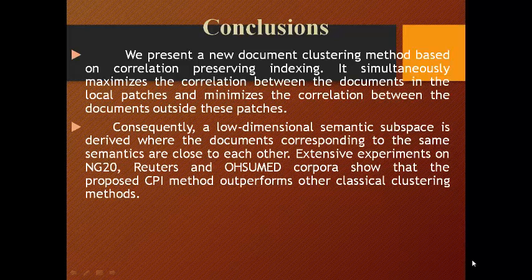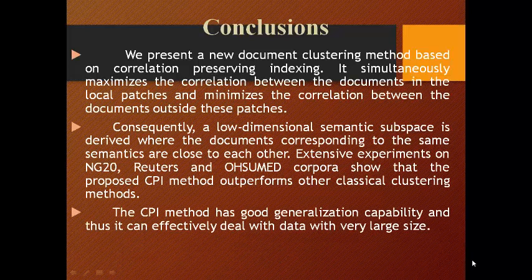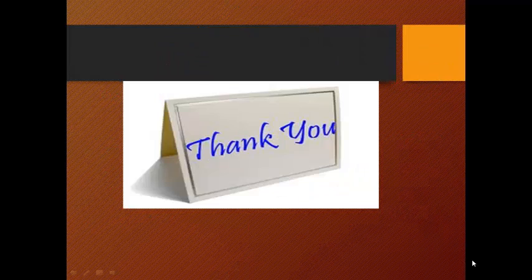Consequently, a low-dimensional semantic subspace is derived where the documents corresponding to the same semantics are close to each other. Extensive experiments on NG20 Reuters and OHSUMED corpora showed that the proposed CPI method outperforms other classical clustering methods. The CPI method has a good generalization capability and thus it can effectively deal with data of very large size. Thank you.